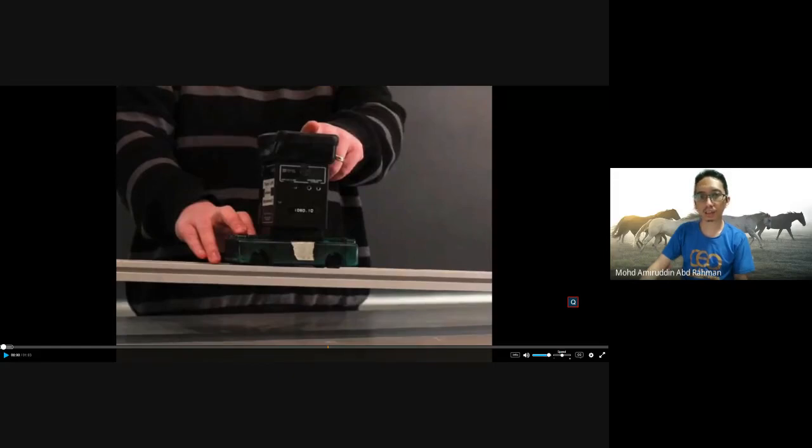And one more important thing to note is that the ball accelerates at the same rate as the acceleration of the cart. So that's why the ball goes back inside the cart. Okay.